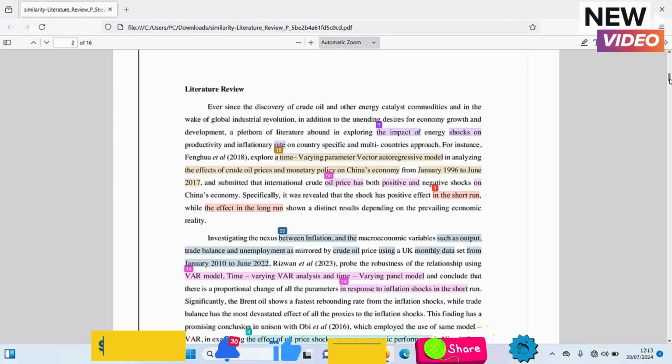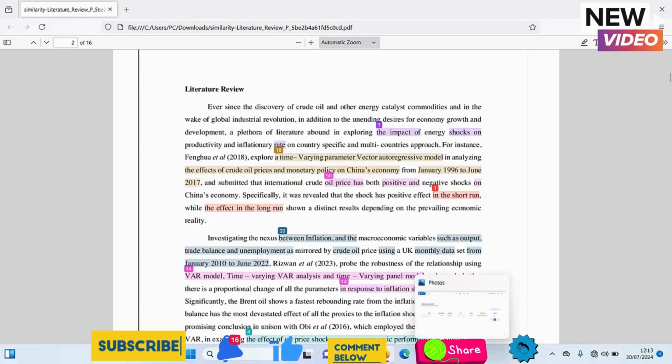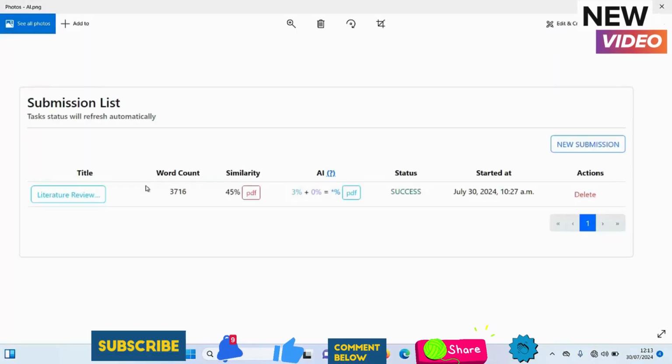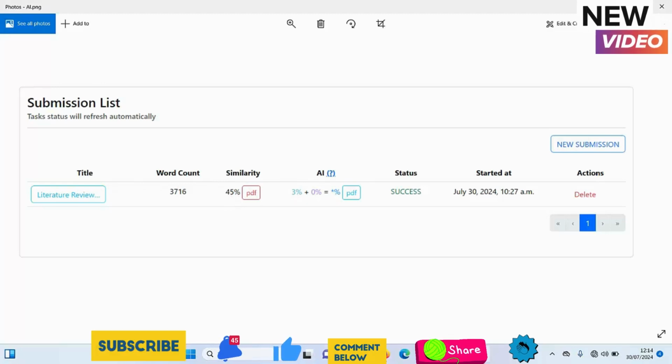Another thing is that it will increase the AI rates, because look at how plagiarism reports. This is the output. You can see this is the title, this is the word counts, this is the similarity index, the 45 you are seeing there.